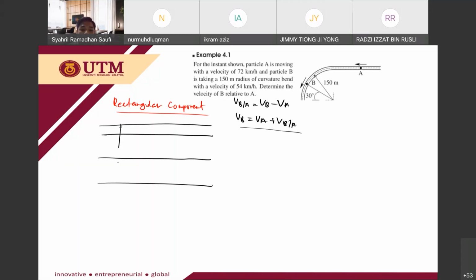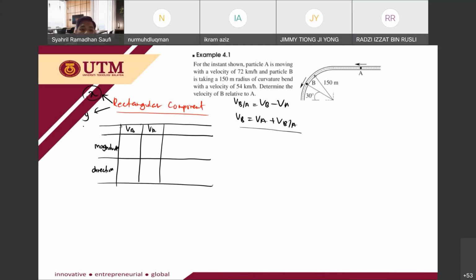So here you have magnitude, and here is the angle or direction. So here is VB, here is VA. For rectangular component, what you will do is resolve the vector into x and y axis.